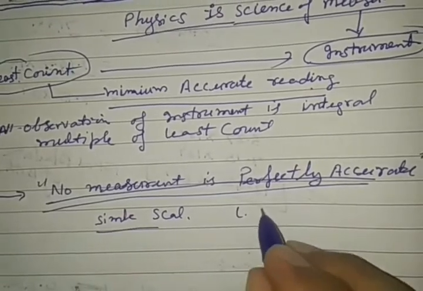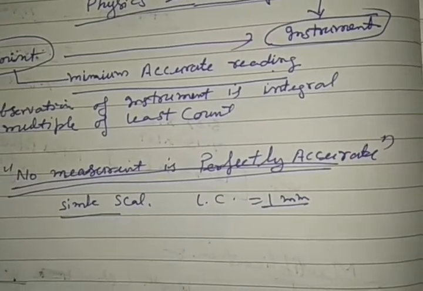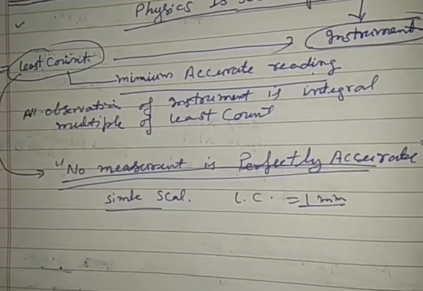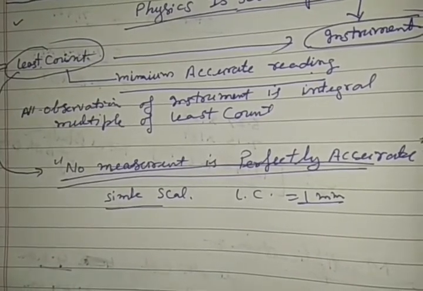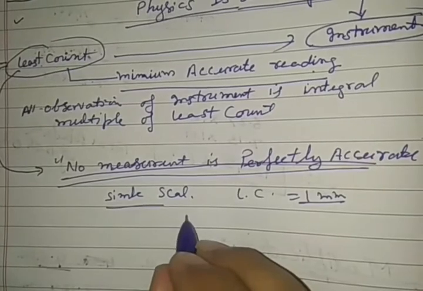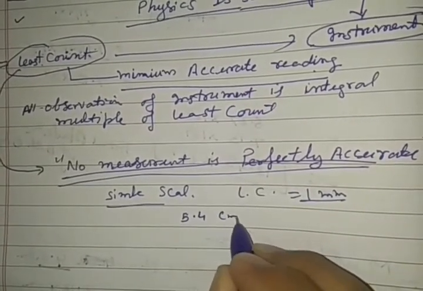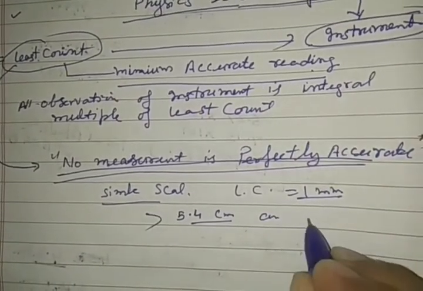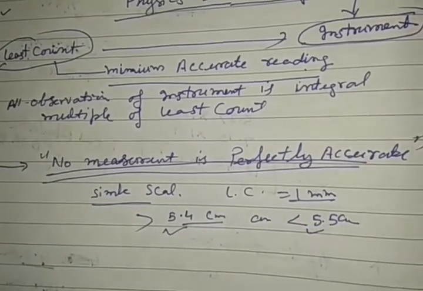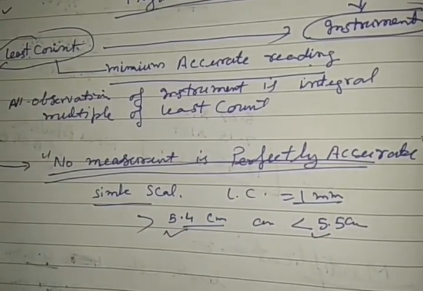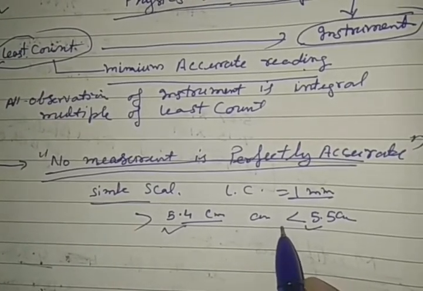We know its least count is 1 millimeter. So if the length of a specimen rod is more than 5.4 centimeter and less than 5.5 centimeter, then we cannot obtain the length accurately by a simple scale.